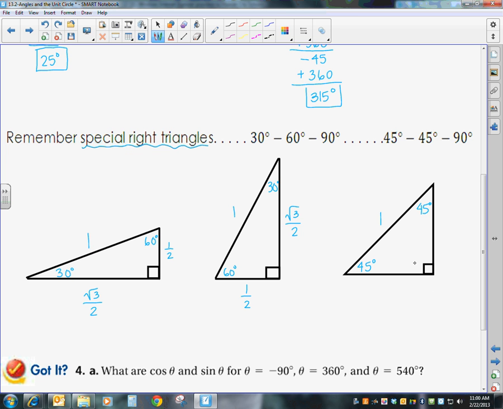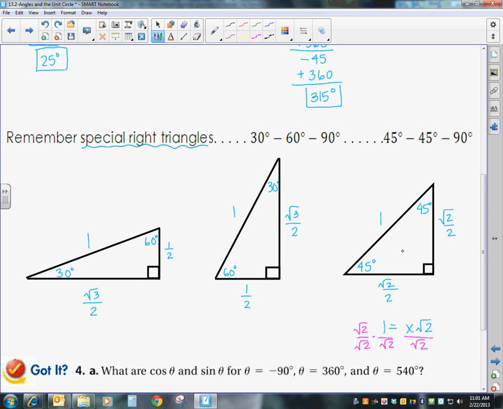And some people don't remember, but when you know a leg, a side, you take a side times the square root of 2, gives you your hypotenuse. So if I set up that equation and solve it for x, and then I rationalize it, you'll see how we know that each side is the square root of 2 over 2 and the square root of 2 over 2.